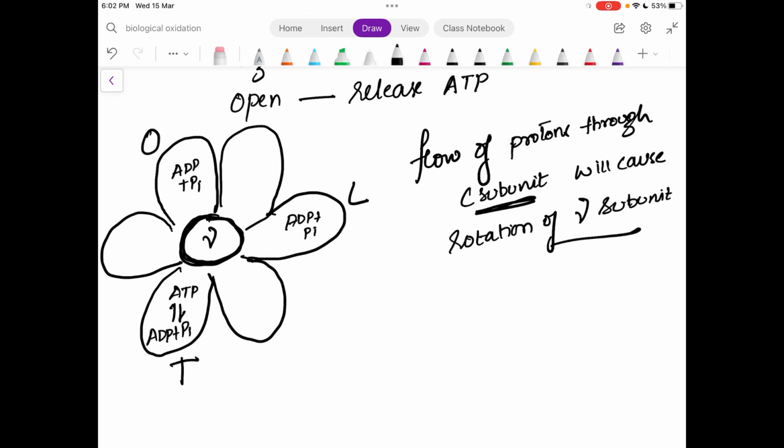So how many degrees will it be rotated? 120 degrees of rotation will be there.